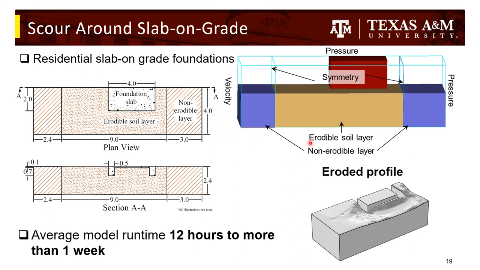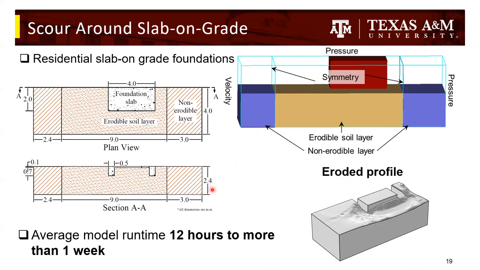This is again seen on the right-hand side, with the velocity and pressure conditions, the foundation, and the erodible and non-erodible layers. Then we subjected this foundation to different velocities, flow conditions, and depths, and saw how much erosion of this cover is happening.